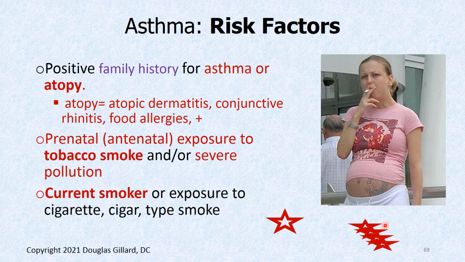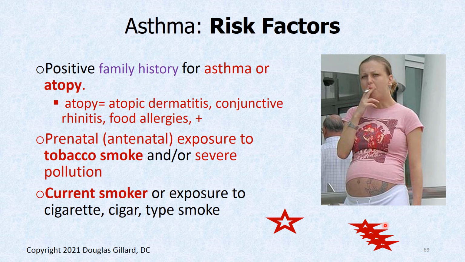Then another strong risk factor is exposure to tobacco smoke. So prenatal, like in this picture, this horrible human smoking while she's pregnant. I mean, everybody should know that. There's no excuse. It's just selfishness. My opinion, I don't put my opinions in much, but yeah, that's not good.